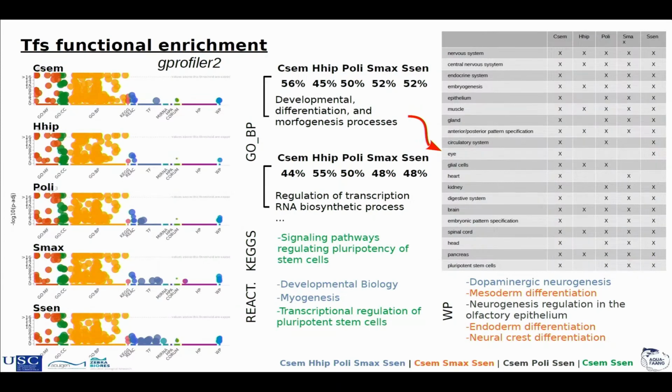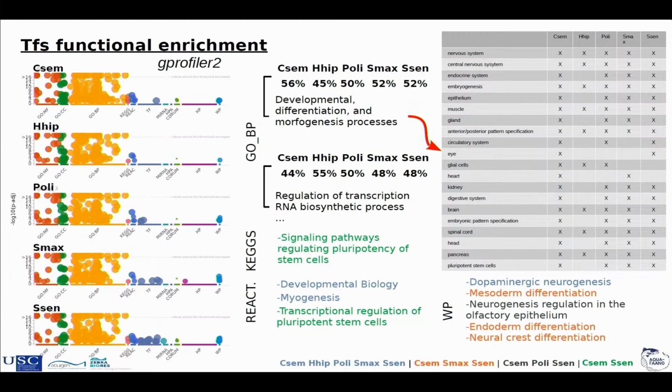In this case, more than half of the differential biological processes by gene ontology were related to developmental stages, differentiation, and morphogenesis, while the other half was, as expected, related to control of RNA synthesis, transcription, and so on.